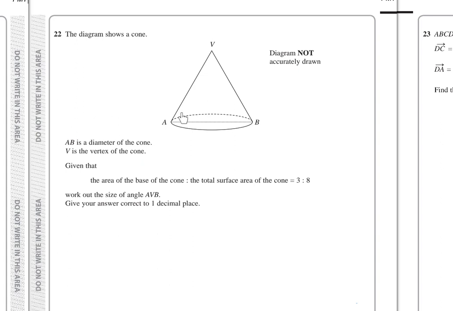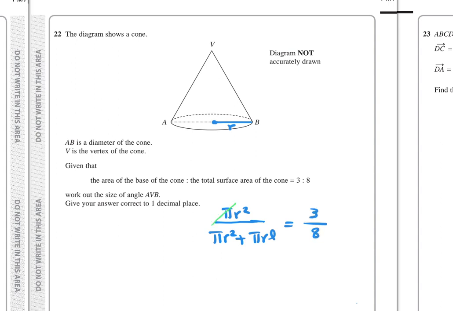We have the ratio between the area of the base to the total surface area of the cone, 3 to 8. The area of the base, if the radius is r, is pi r squared, divided by the total surface area of the cone, which is pi r squared plus pi r l, equal 3 to 8.